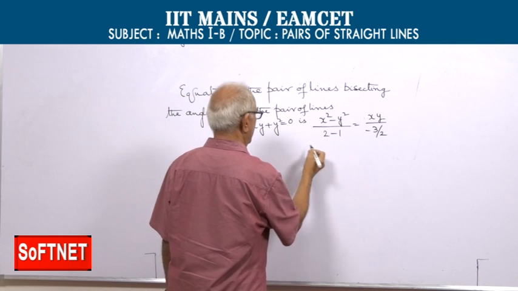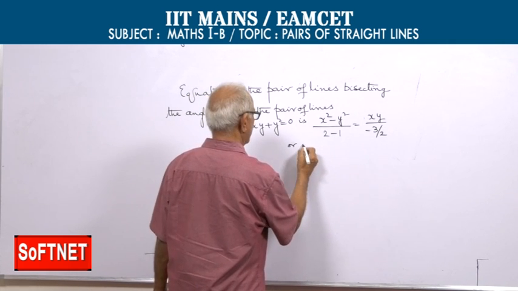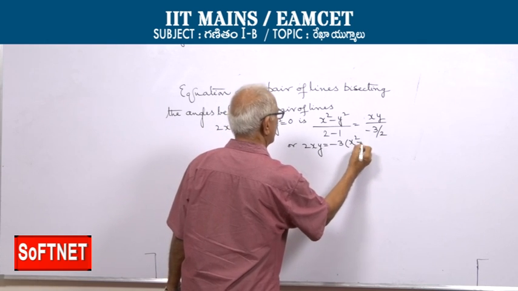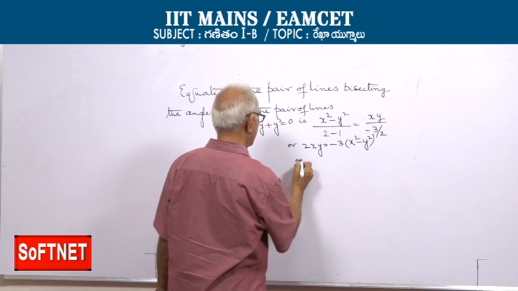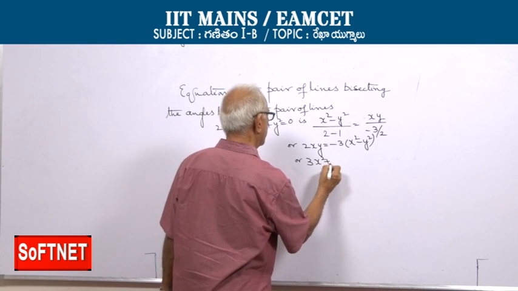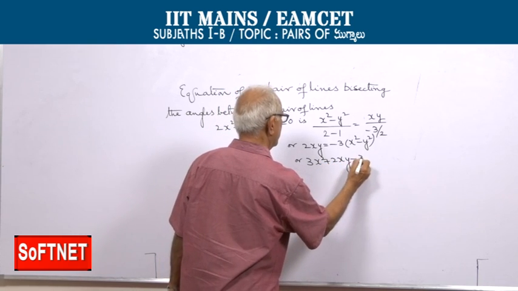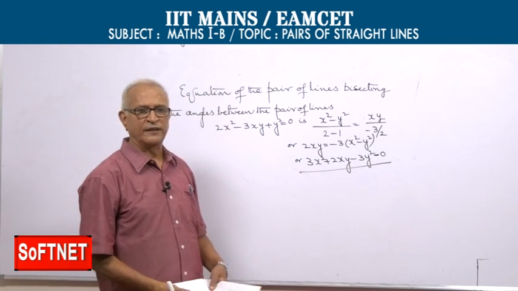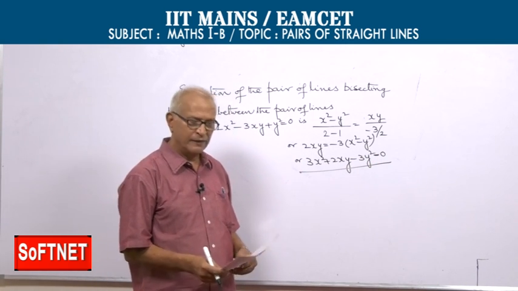Therefore, this is 2xy equals minus 3 into (x square minus y square), or 3x square plus 2xy minus 3y square equal to 0. So, this is the pair of lines bisecting the angles between the given pair.